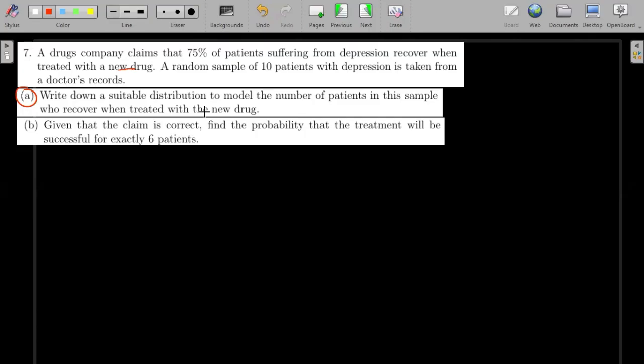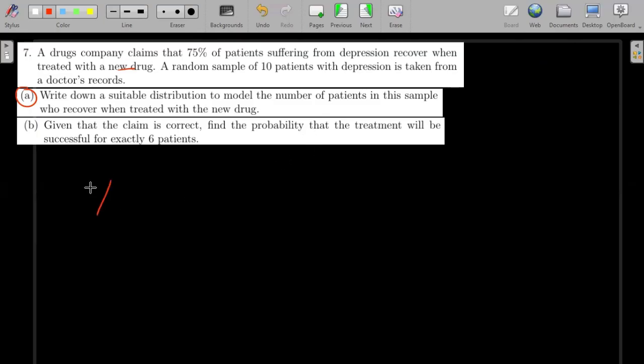In this case, the probability of success is that the patient recovers, and the probability of failure is that the patient does not recover. So whenever you have fixed probabilities of failure and success, the suitable distribution to model the number of patients who recover will just be a binomial distribution.